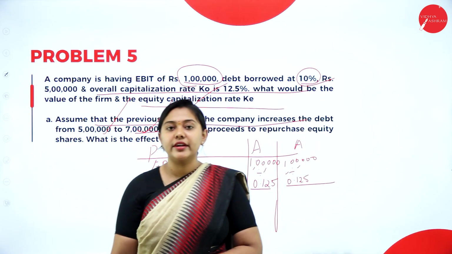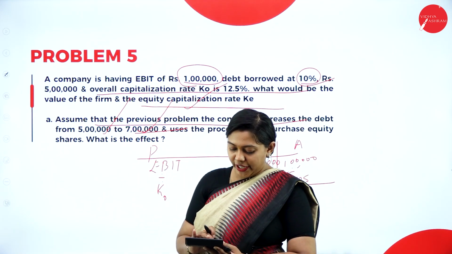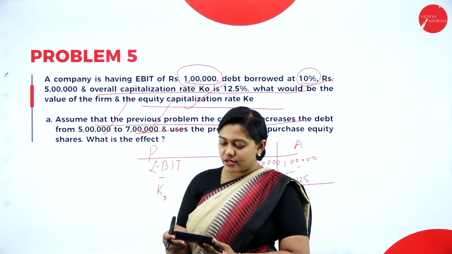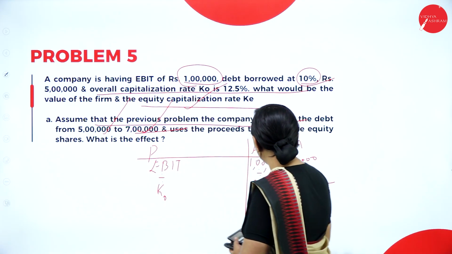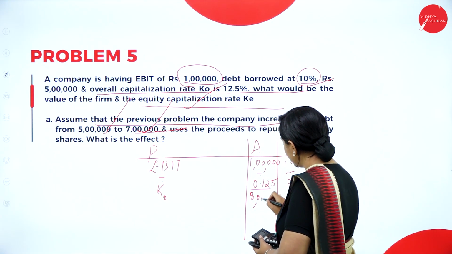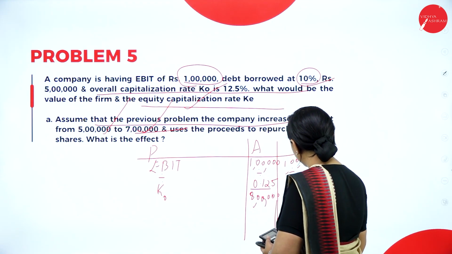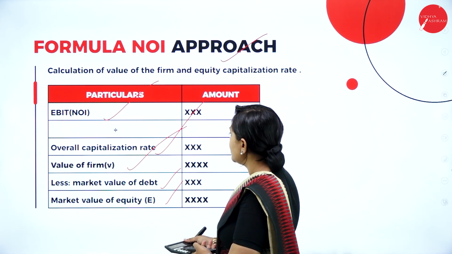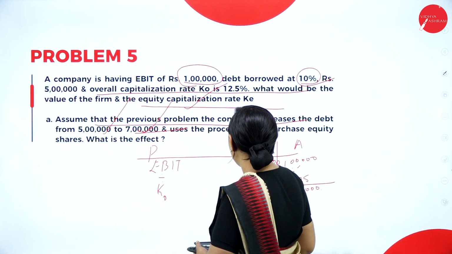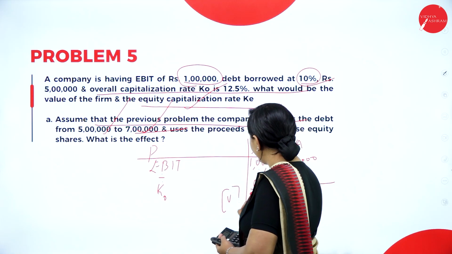So 1 lakh divided by 0.125, it is 8 lakh and 8 lakh. Next we have the value of firm.